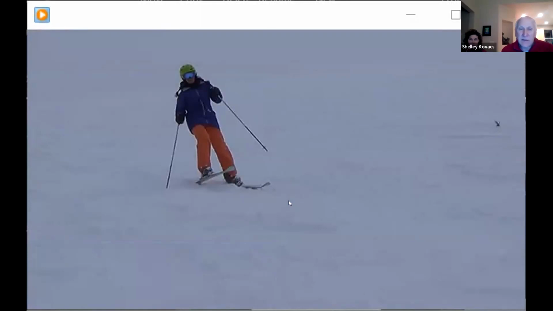Well, why? That's kind of why I was asking before: if you have your butt behind your feet and you don't have the body in front, you're balanced over your heels, how you then accomplish changing edges and turning the skis is things like this that might happen. So just saying someone's in the back seat, that's great. What does that make happen because they're in the back seat?